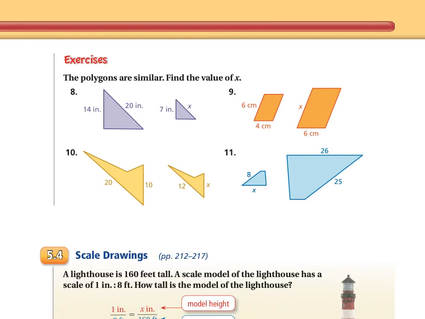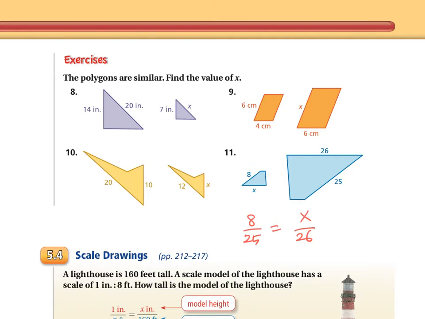So let me go ahead and set up the equation. Like I said, it's going to be corresponding, so I have the 8 and the 25 together, and then I have x and 26 together. If you want to set up the equation in a different way, for example, putting the x and 8 together and 25 and 26 together, that's also fine, as long as your proportions are using corresponding sides.